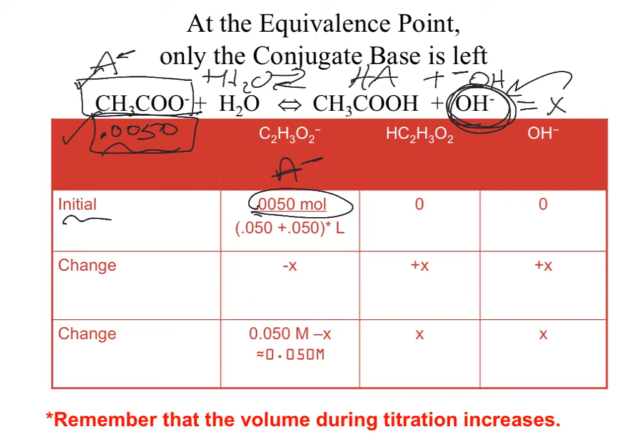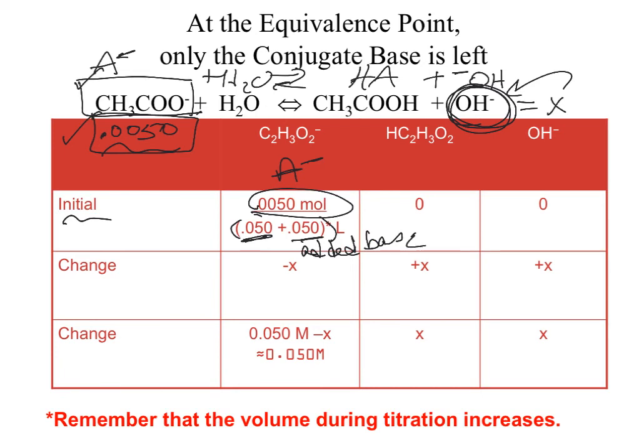Now, to get concentration, you have to divide by total volume, because remember, during a titration, the volume is changing constantly. So you need to divide by the volume of weak acid you had to begin with, and then the volume of added base. That's always the case in a titration.